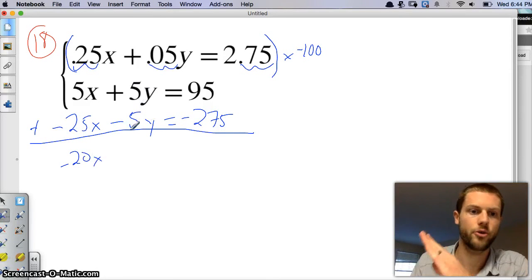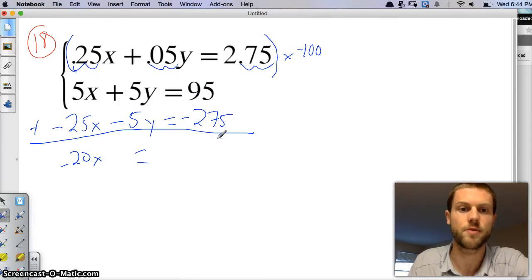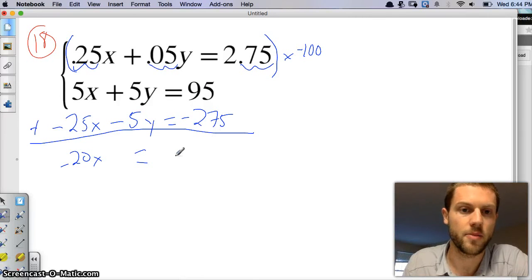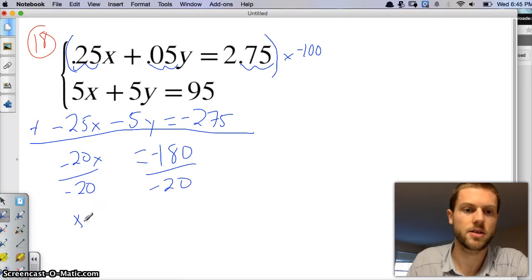These cancel, and I'm going to get negative 275, or 95 plus negative 275, and I'm thinking that's, what is that, 180, negative 180. All right, so I'm going to divide both sides by negative 20 to get x by itself, and I get x equals 9.